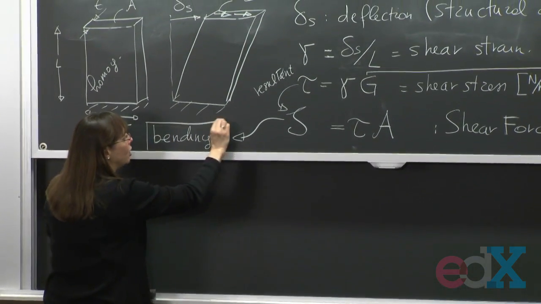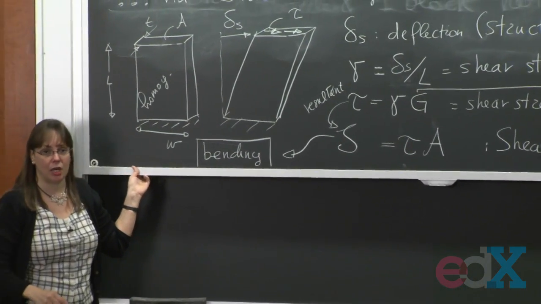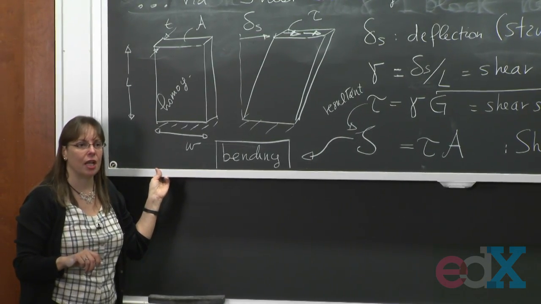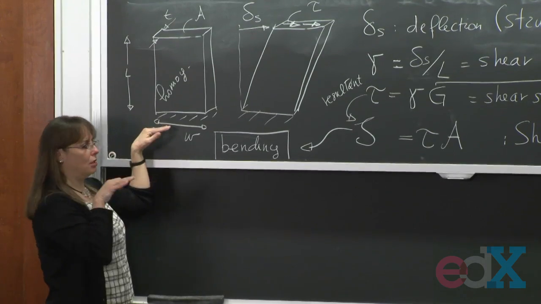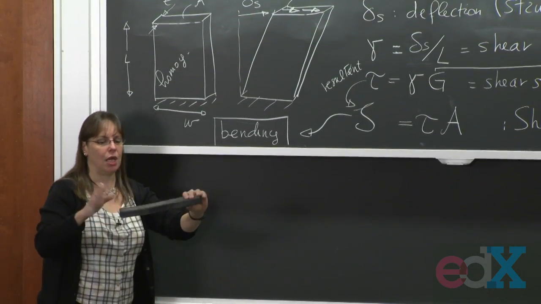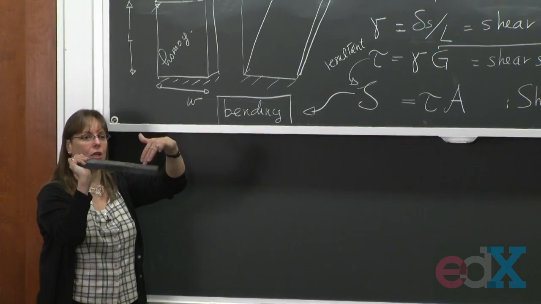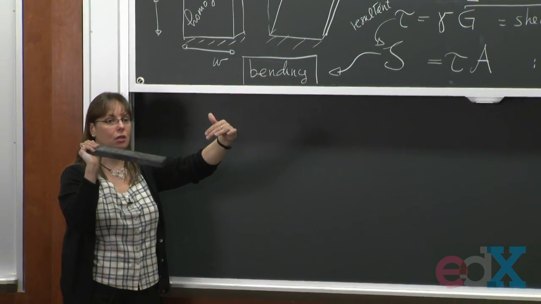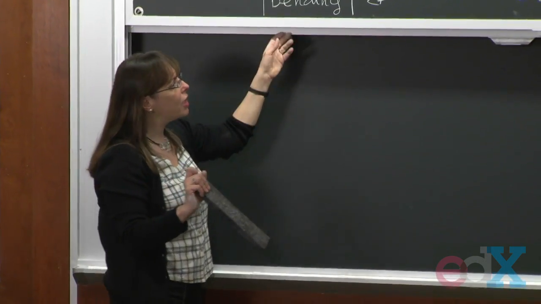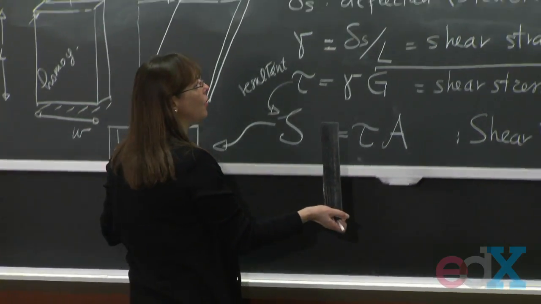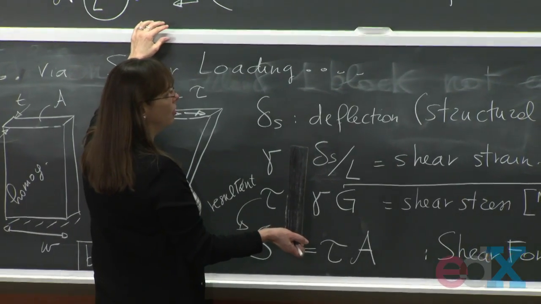When we do bending, we're going to go back to this concept and look at the shear force resultant in bending. Because bending, if you think about it, is when you take a structure and you load it orthogonal to the length of the structure. Okay, so we know that we're going to get back here at some point. But for now, let's say that this is just our intermediate step.